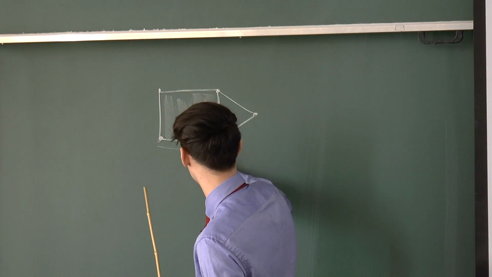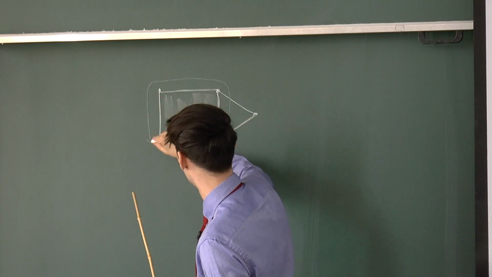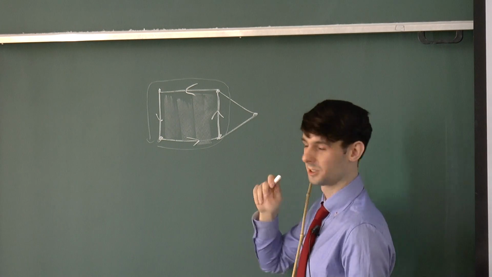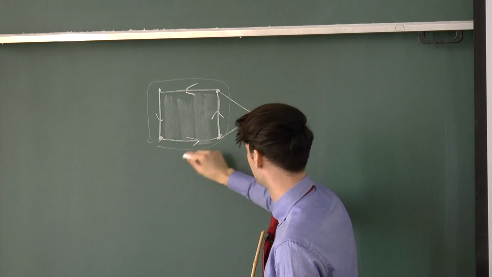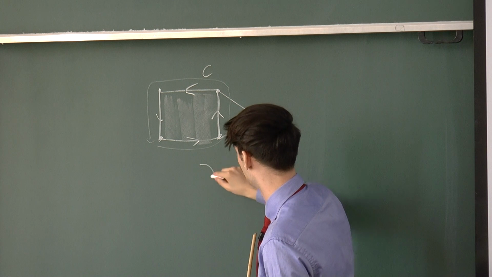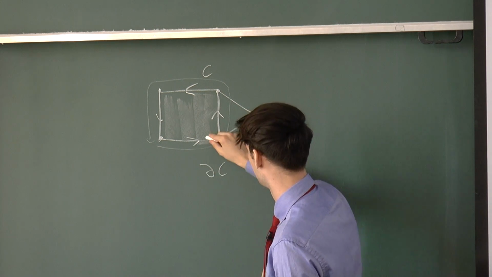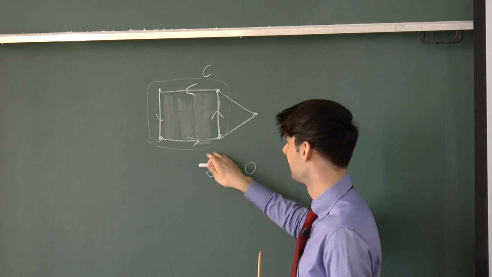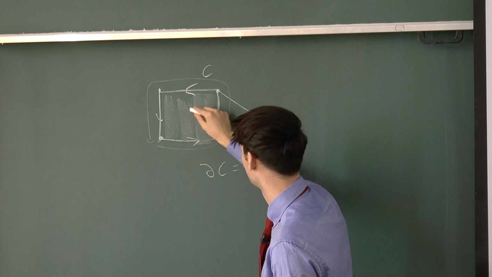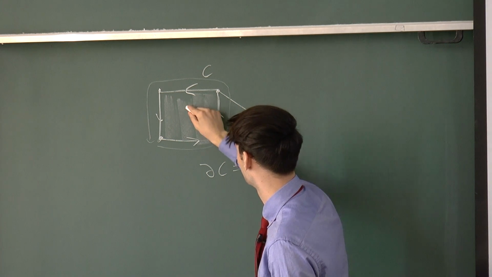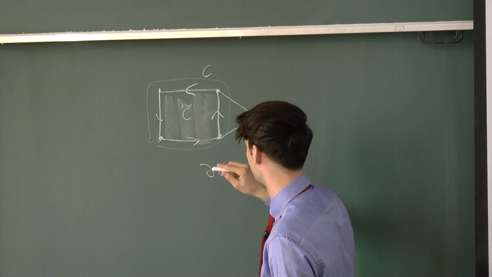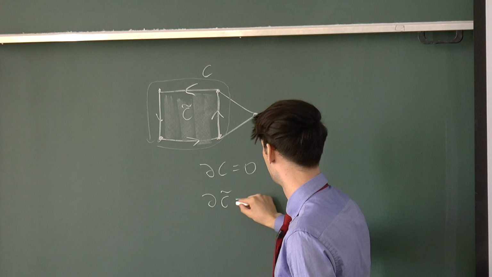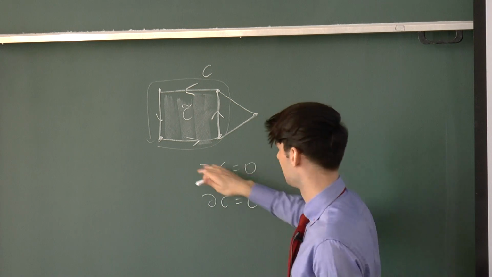When you take this cycle, this thing plus this thing plus this thing plus this thing, let's say it is C. The boundary of C is empty, as you can see, because this is a cycle. But we have another cell, say C tilde, and the boundary of C tilde is equal to our C.